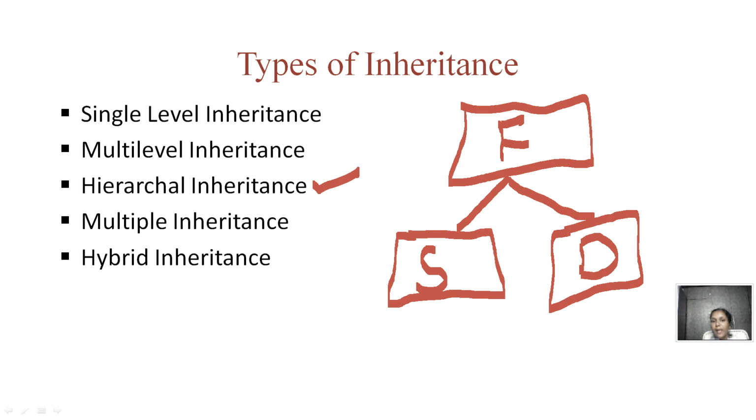We know that in single level there is only one base class and one derived class, and in multi-level there is a base class, an intermediate class, and in turn a child class. In hierarchical inheritance, one parent class and more than one child classes exist.